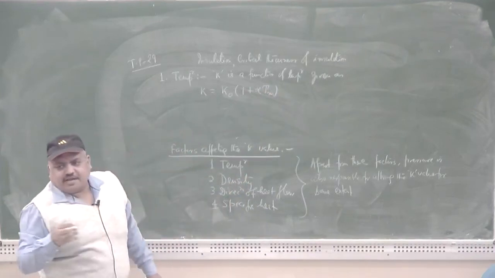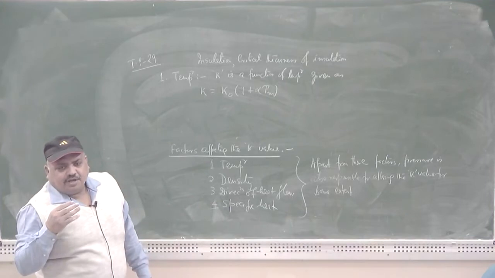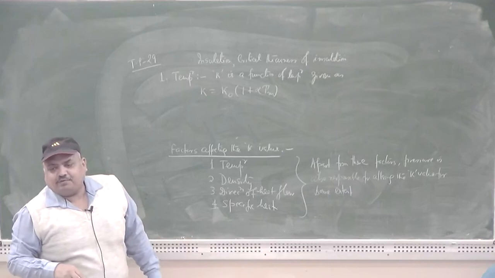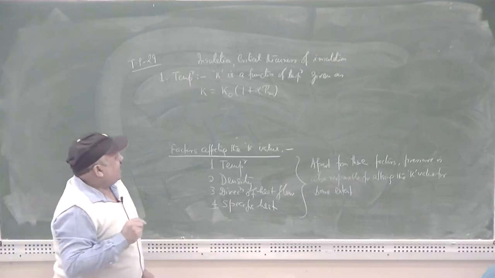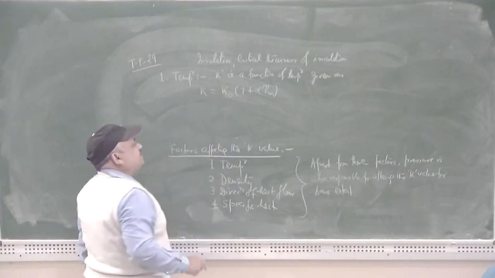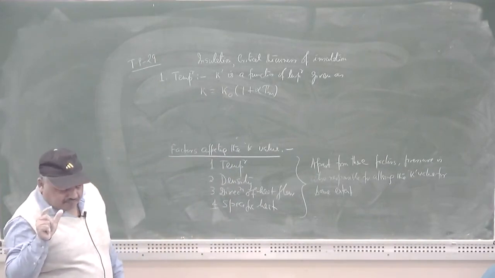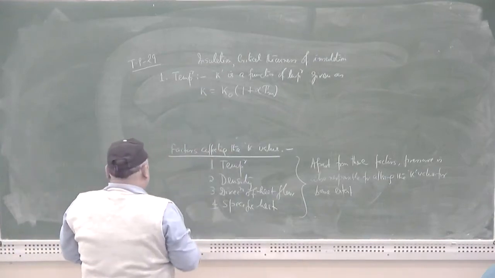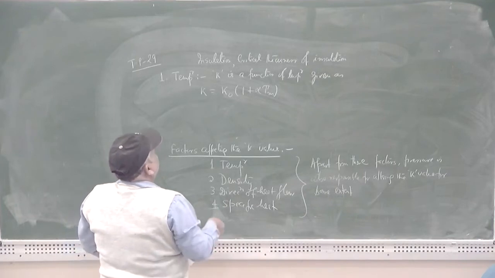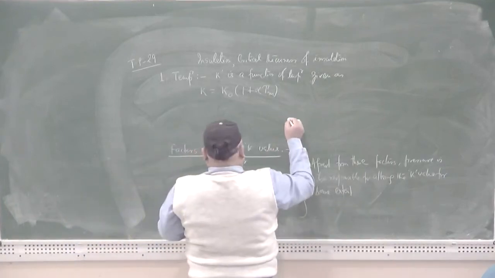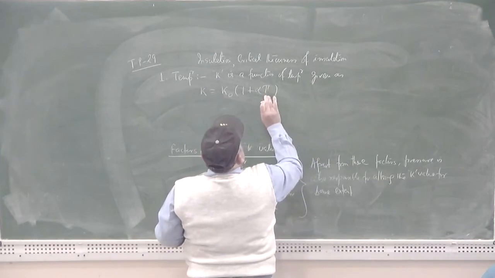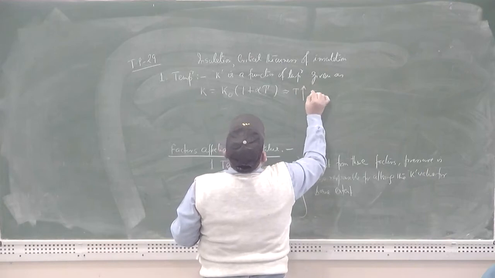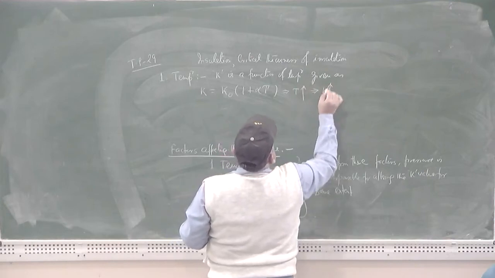Because T varies over a range of temperature, it is important to visualize a concept of mean temperature. Here Tm is the mean temperature, and K0 is the value of the thermal conductivity at 0 degree centigrade. Or better to say, K is equal to K0 into 1 plus alpha T. It implies that if you increase the temperature, the thermal conductivity will also increase.